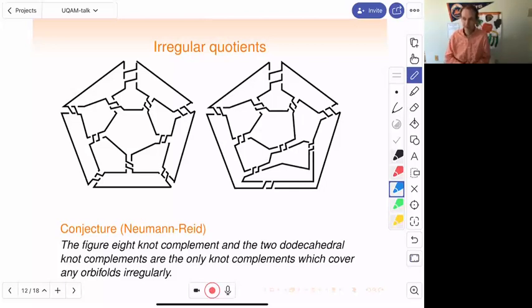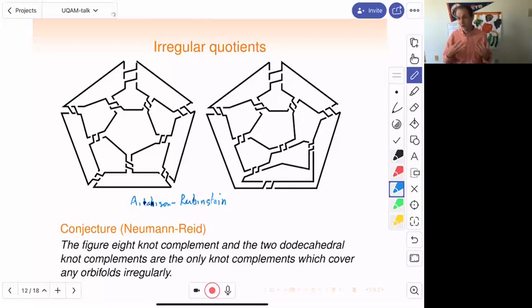These 2 knot complements actually decompose into 2 regular ideal dodecahedra. These are knot complements of Ian Aitchison and Chaim Rubinstein. They were able to build these knot complements that decompose into these 2 regular ideal dodecahedra.